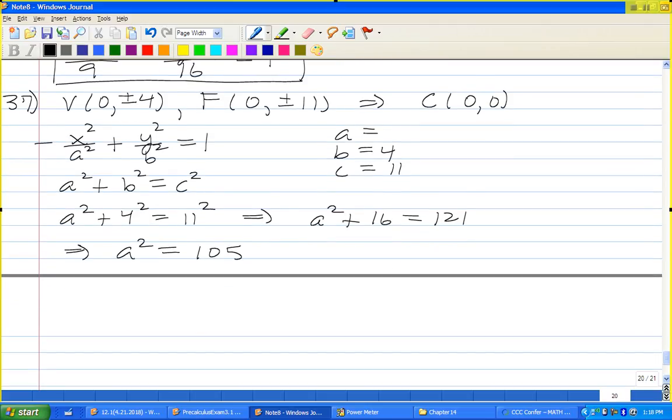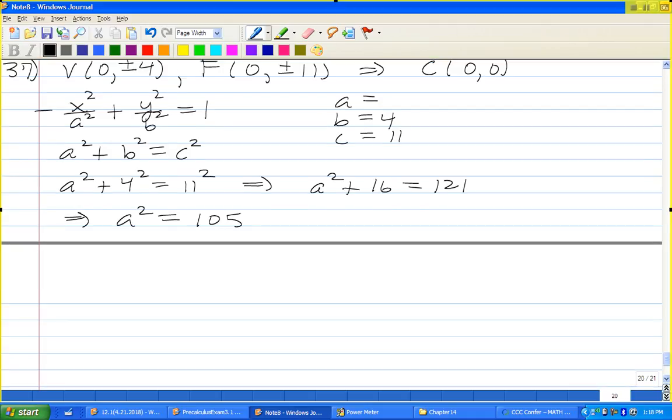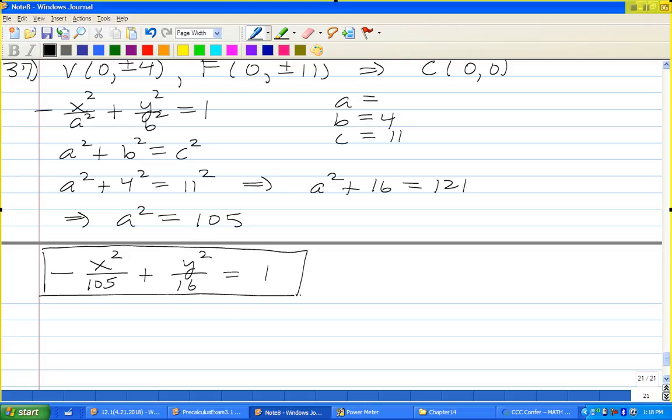So I can now plug that into my equation. So I have negative x squared over a squared, 105, plus y squared over 4 squared, 16, is equal to 1. That is the equation of my hyperbola. 39.